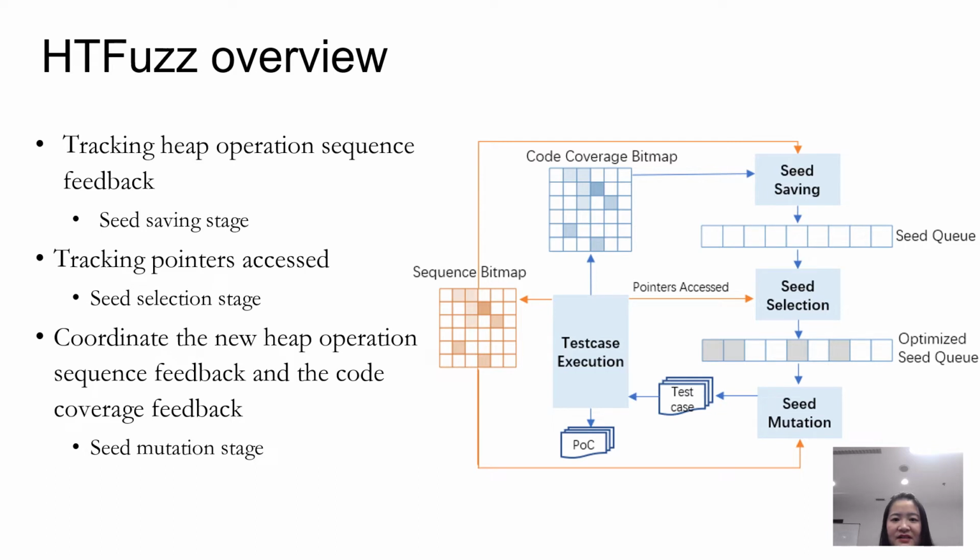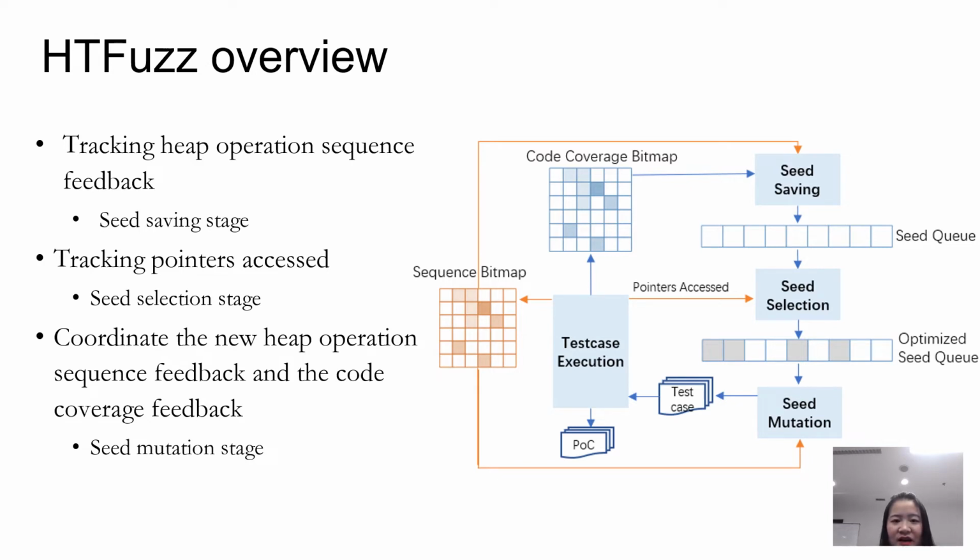For the first one, we introduced new heap operation sequence feedback by recording the latest heap operations and saving test cases that contribute either to code coverage or heap operation sequence coverage, to explore more heap operation sequences via fuzzing.